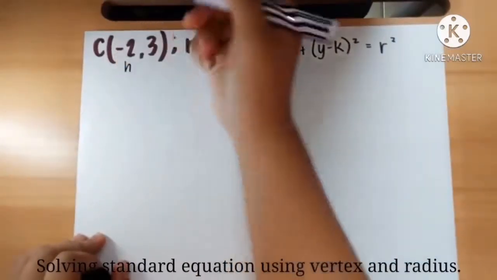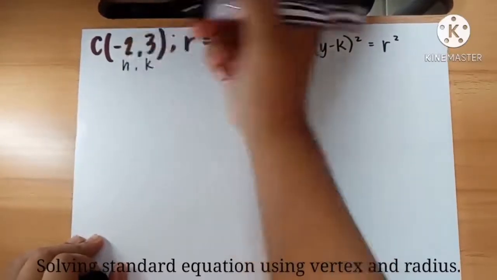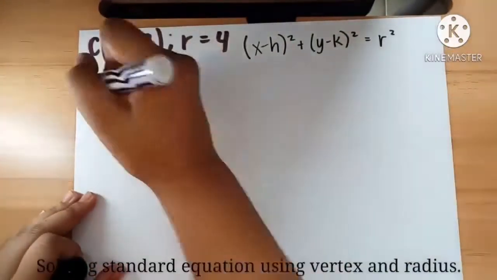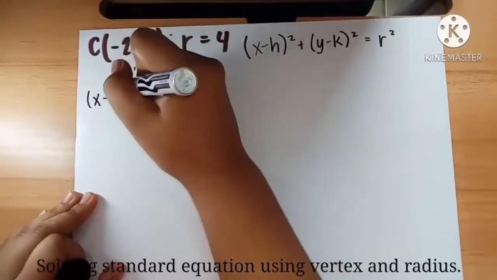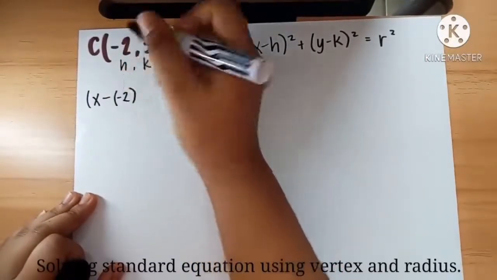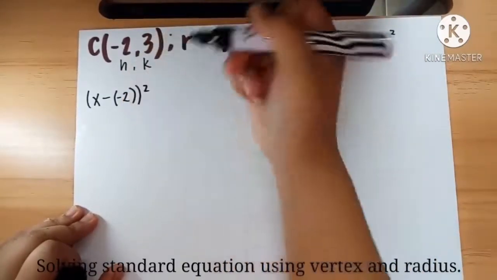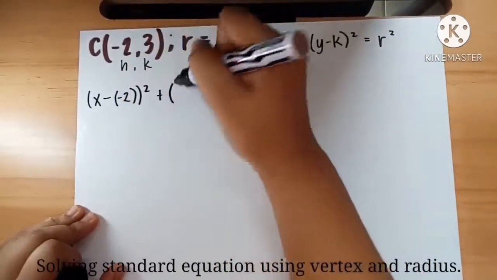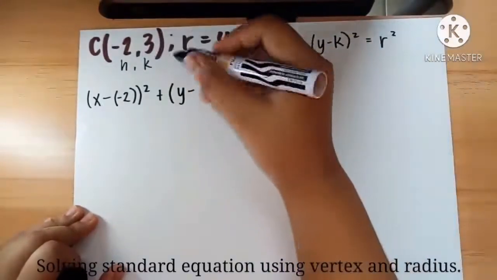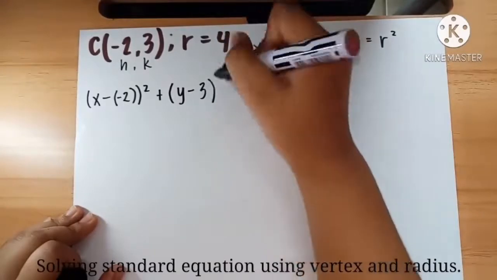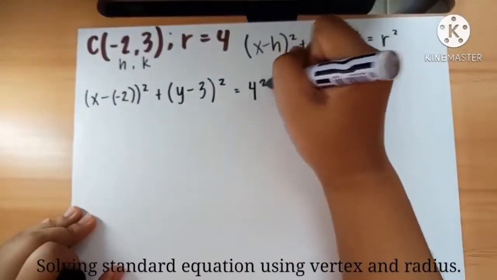This is the h, negative 2, 3 is k. So we have x minus negative 2, which is the h from this, squared, plus y minus k, which is the 3, squared, equals 4 squared.